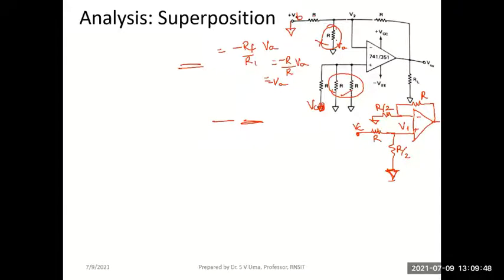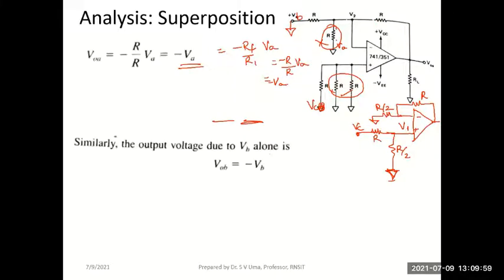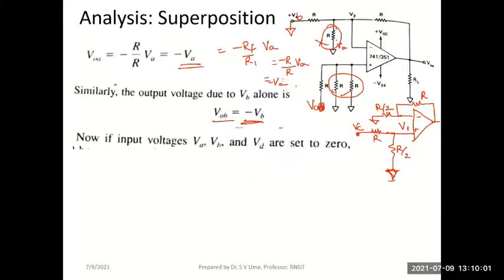And even at the inverting terminal, we have two R's which are grounded. So their effective resistance is also R by 2. The feedback resistance remains as it is. We are just using our network analysis principle. So how do you find the output voltage VOC here?